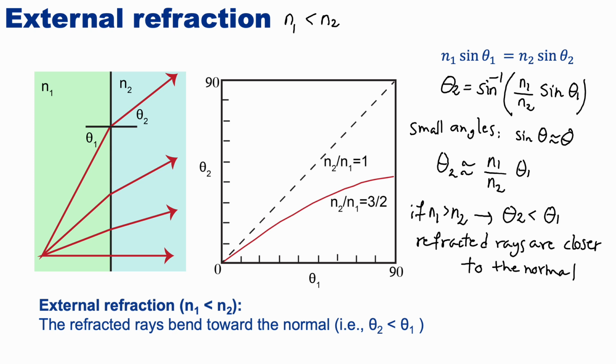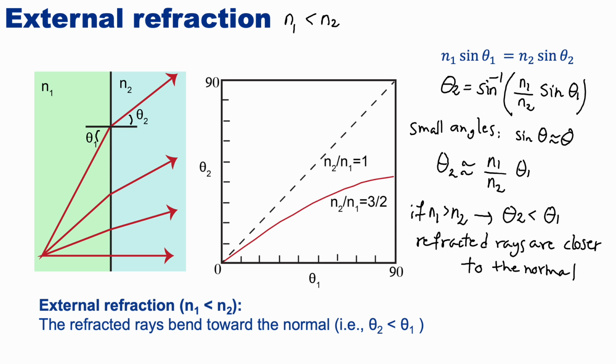When we think about the normal here, theta 2 is smaller than theta 1, and that's what we define as external refraction.